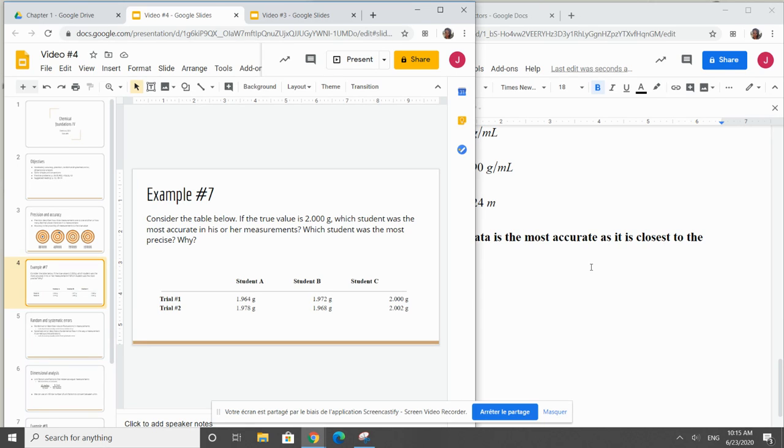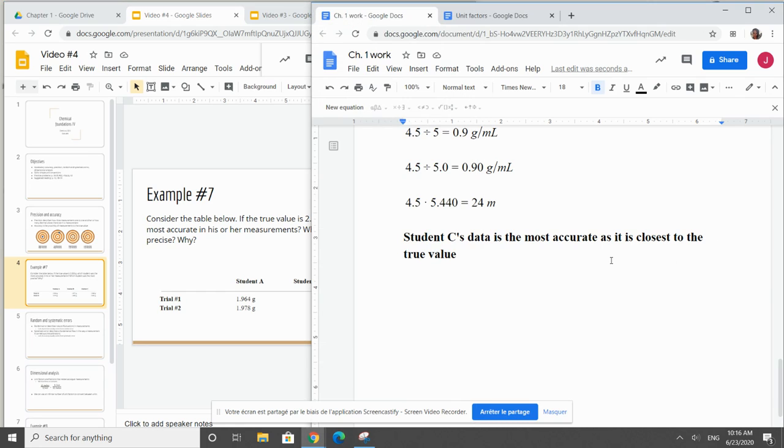Wait, no. 0.14, wow. 0.014 gram difference for student A. For student B, we again have a pretty significant difference. And then student C has the smallest difference. So just because student C is the most accurate will not necessarily mean that they're most precise, but in this case, they are also the most precise.